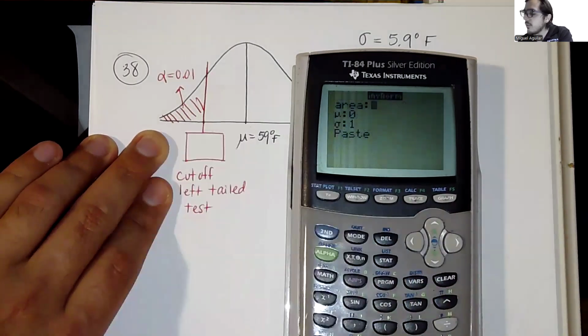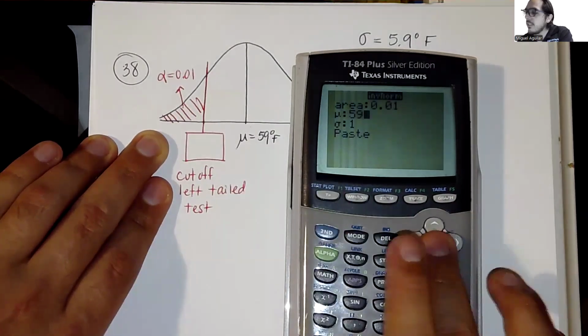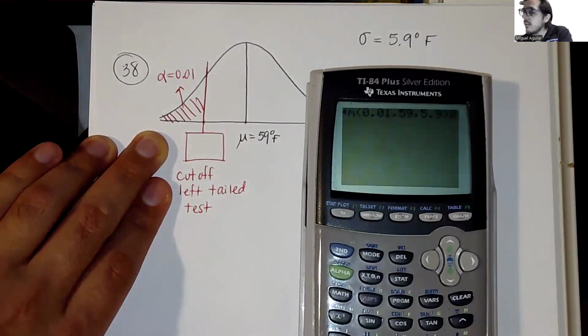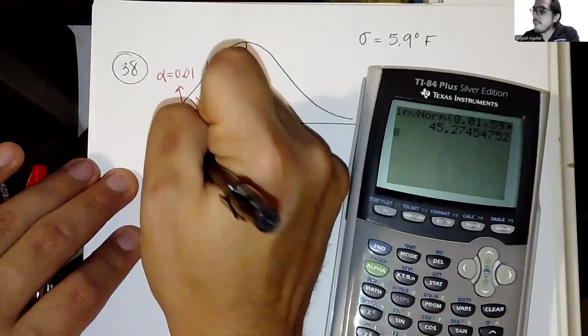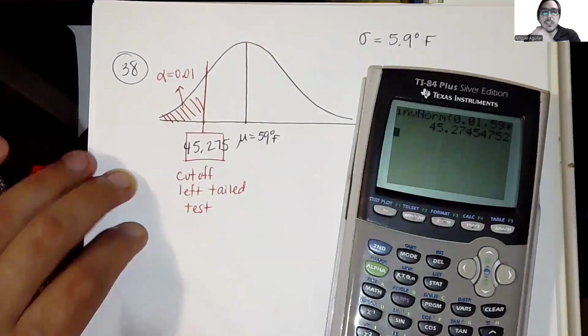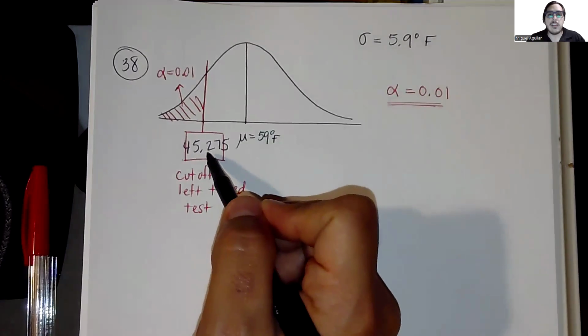So the area is going to be 0.01, and then our mean is 59, and the standard deviation is 5.9. So that should be 45.275. I'm just going to go to 4 decimal places. So that's going to be our cutoff value.